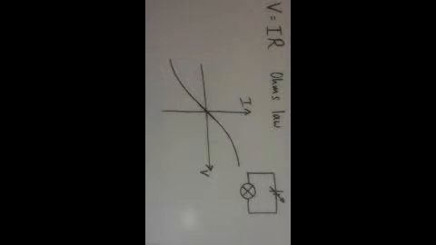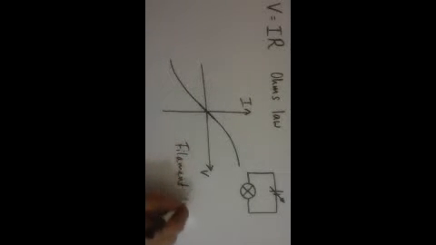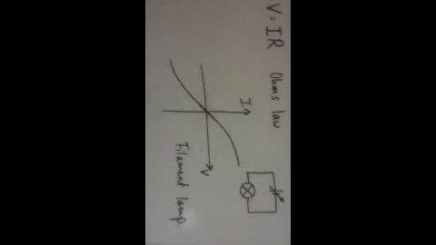And we get a graph something like that. Now this should be the same as this, but in reverse. Okay, so this would be for a filament lamp. Okie dokie. So that's the second component that you need to know the VI graph for, the filament lamp.